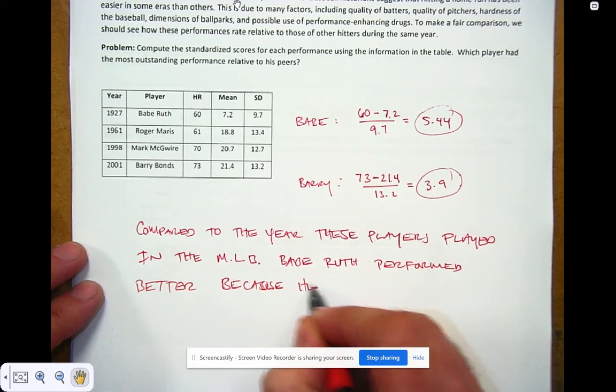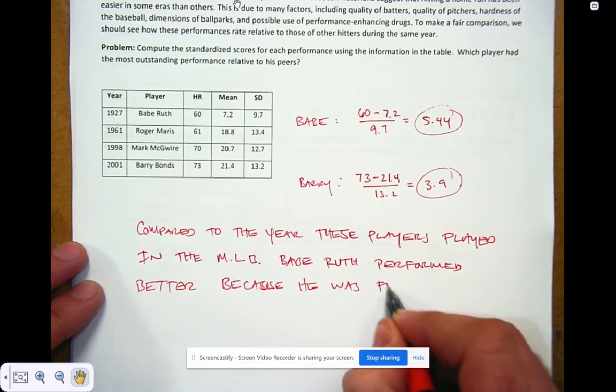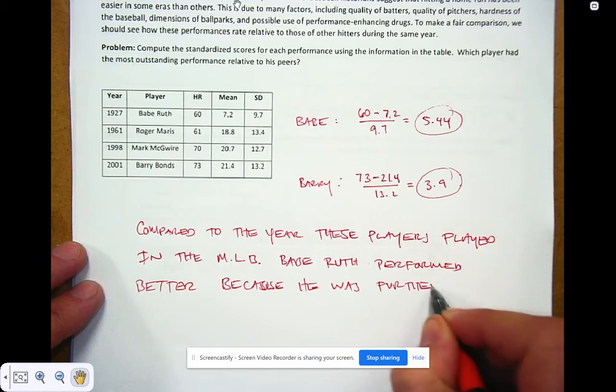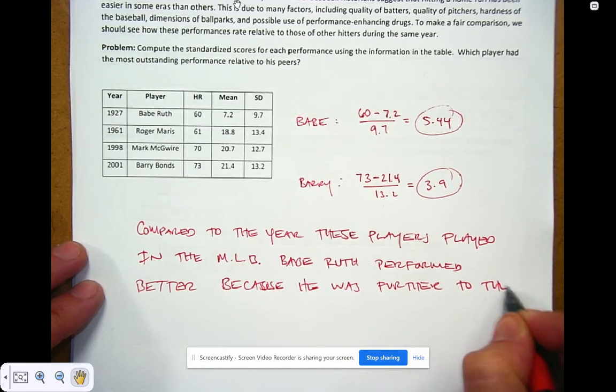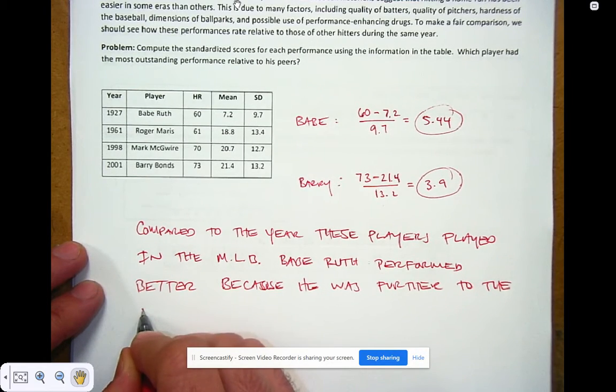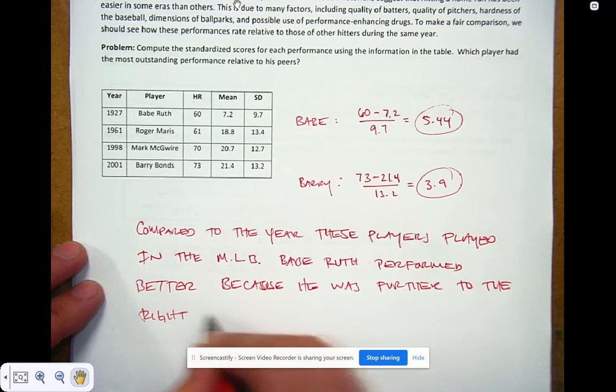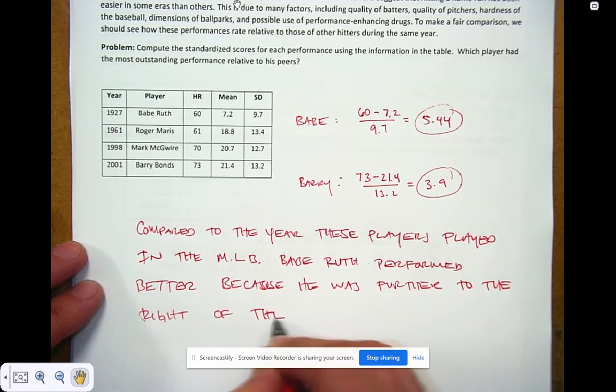Because he was further to the right of the mean.